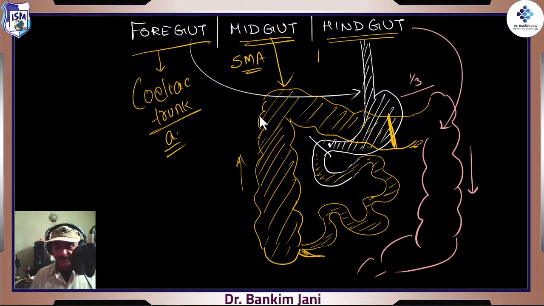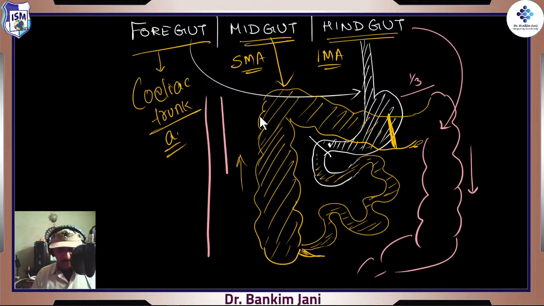The hindgut is supplied by the inferior mesenteric artery. And all of them emerge from the aorta. The descending aorta gives one branch, the celiac trunk, which divides and supplies these organs. Then there is the superior mesenteric artery, and then the inferior mesenteric artery.